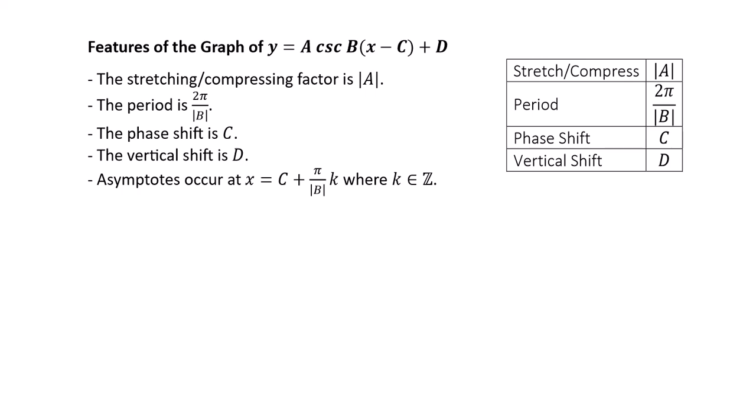In general, we have features of the graph of y equals cosecant of x with these different transformations. Again, the same table that we've used for the other trigonometric functions that have a period of 2 pi. The only difference here is that my asymptotes will occur at c plus pi over b k, where k is an element of the integers.